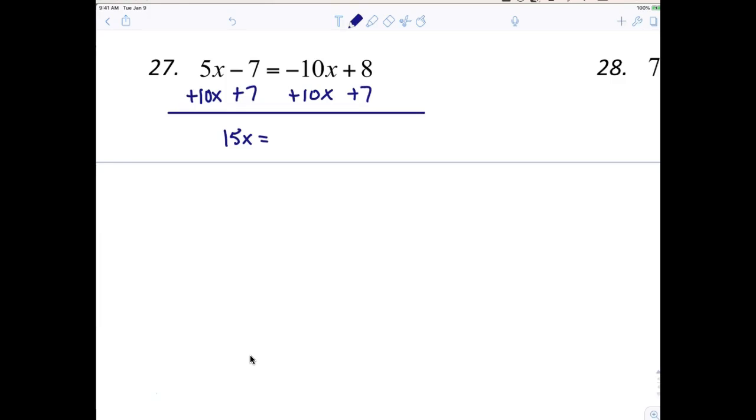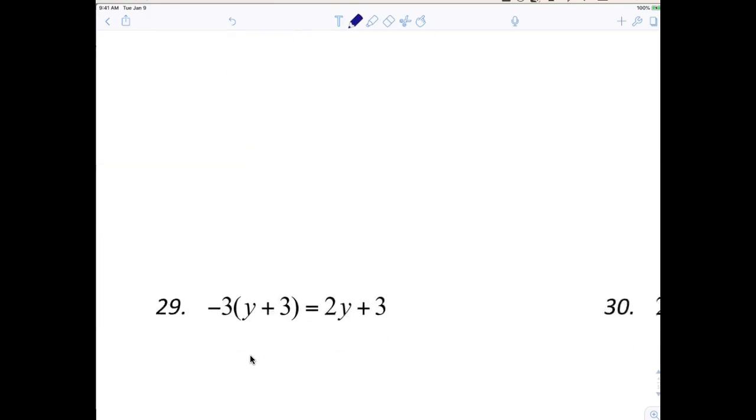Wait, think about it. Now just relax, kiddo. 15. There you go. So, x equals 1. Very good. X equals 1. Now remember, you're supposed to tell me if you're having issues. All right? I'm trying to get everybody involved.